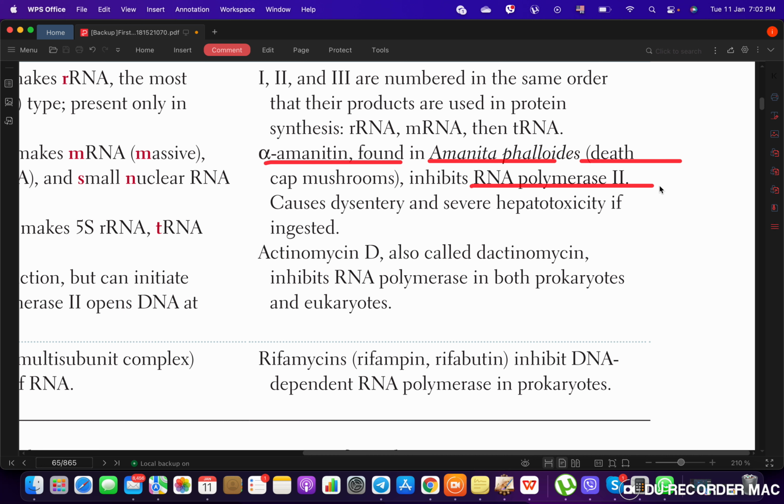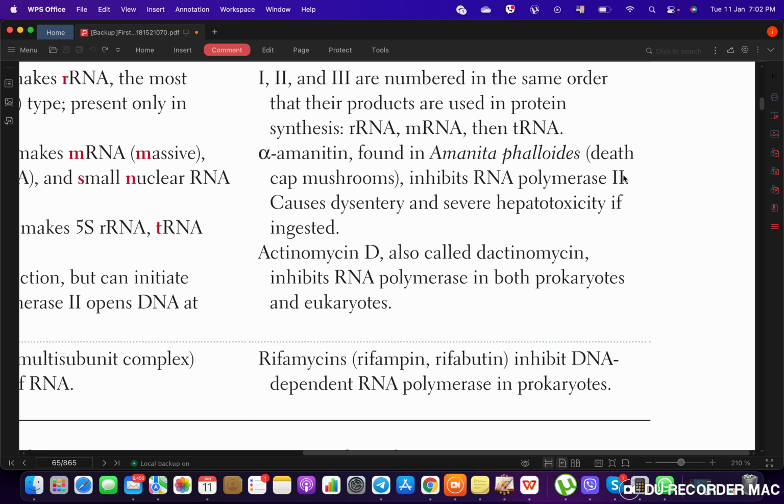And does anybody remember where the RNA polymerase 2 binds on the gene? Absolutely correct. It was the TATA box. It was the TATA box or the CAT box. Absolutely. Okay. So when they inhibit that, there will be no transcription anymore. Yes?